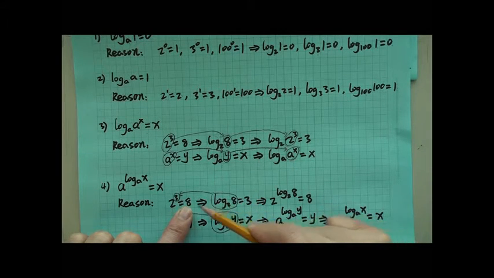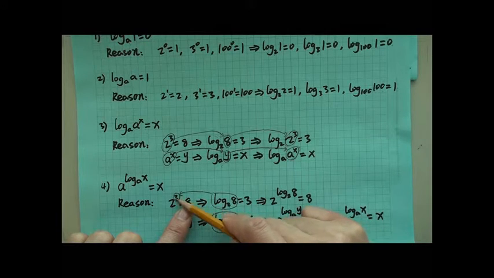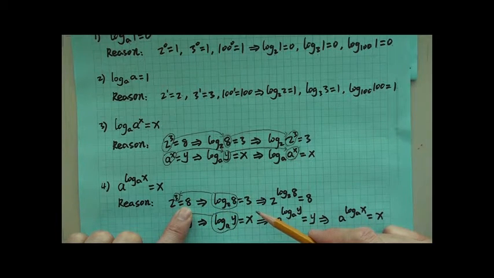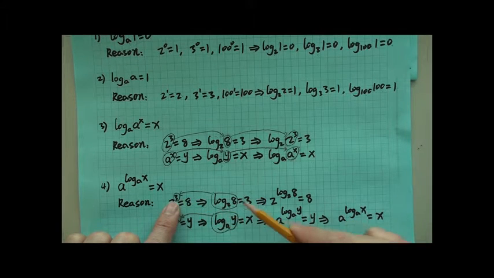Log base 2 to the 8 is the exponent 3, so write 3 here. Now 3 equals that. So here is 3, and we can replace this 3 by this one, because this one equals 3.